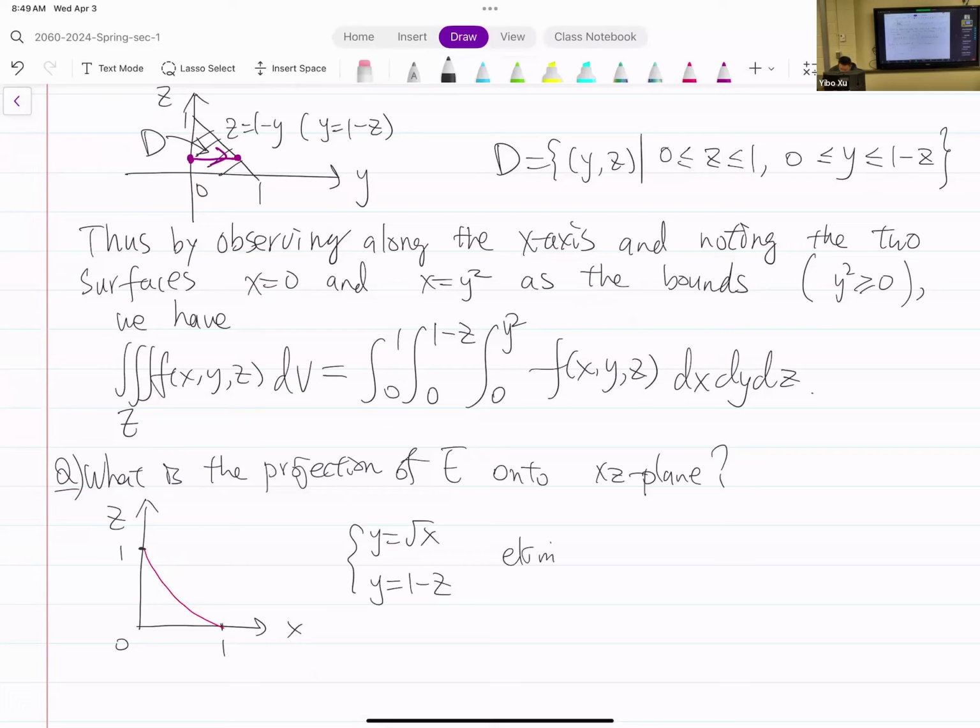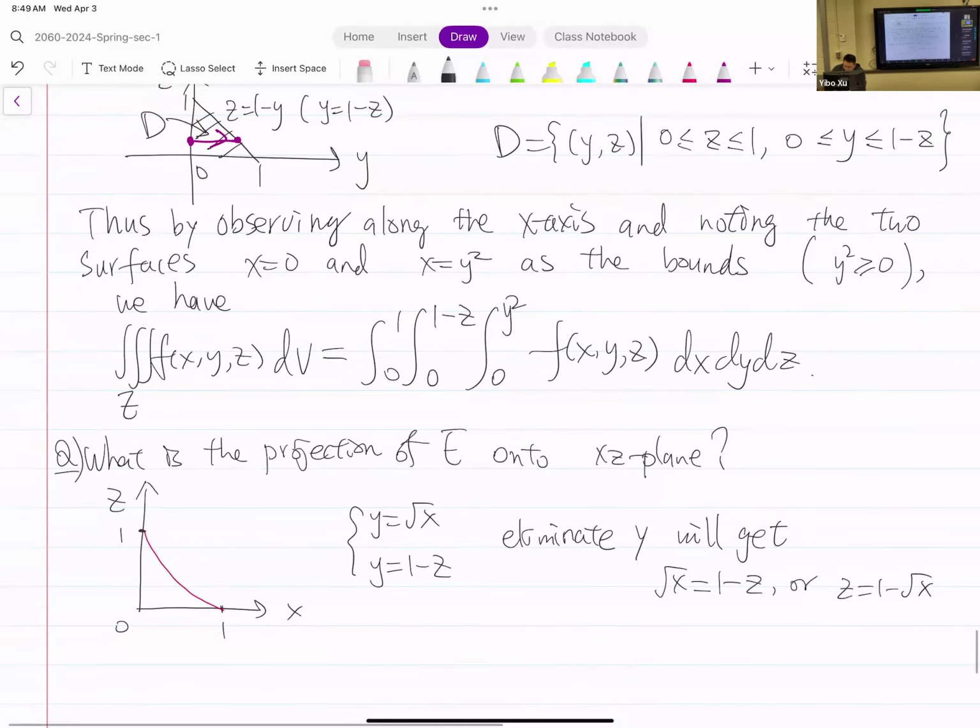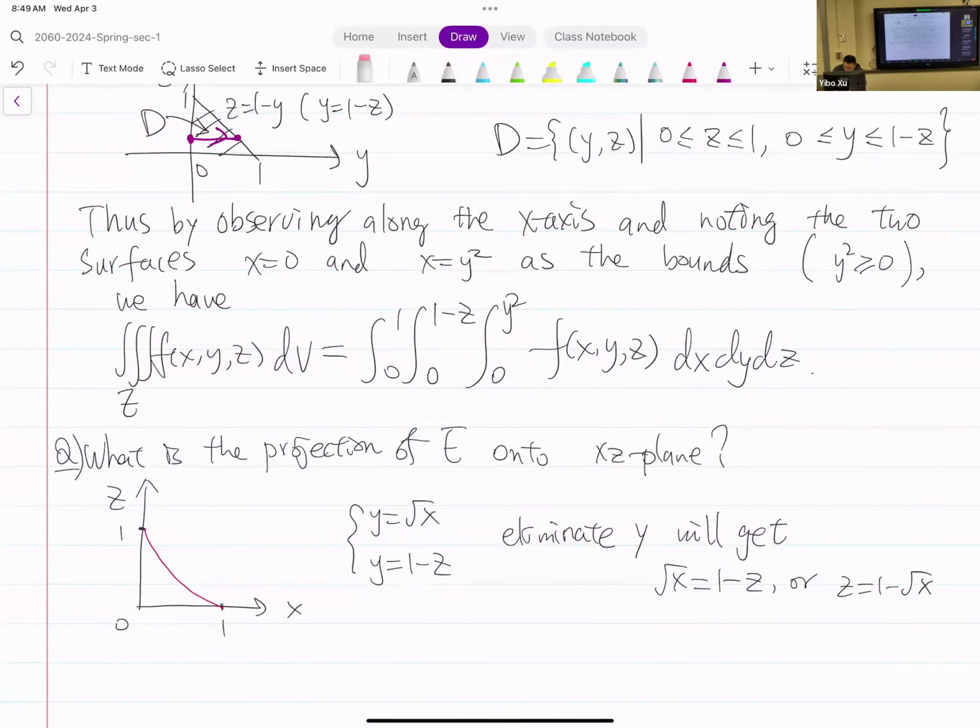Eliminate y, and we get square root of x equals 1 minus z, or z equals 1 minus square root of x. This tells you the equation of the boundary right here.